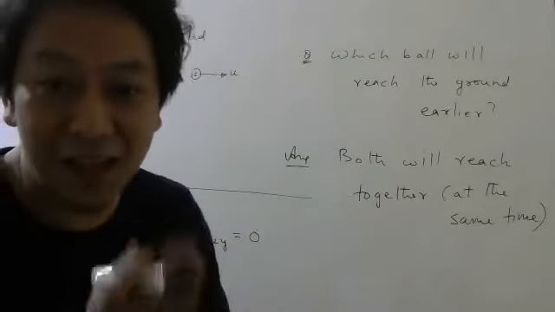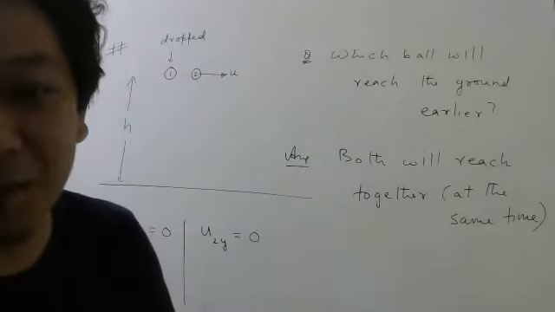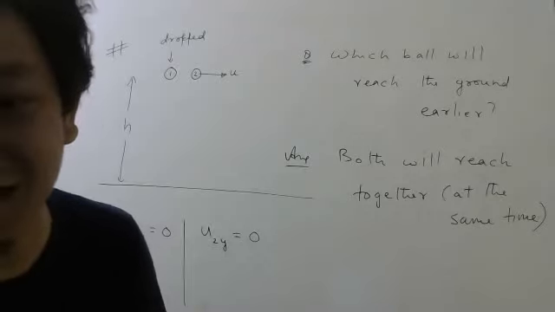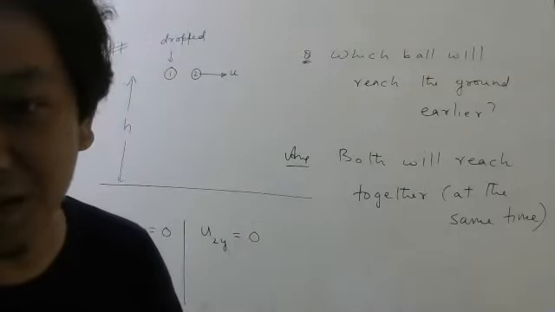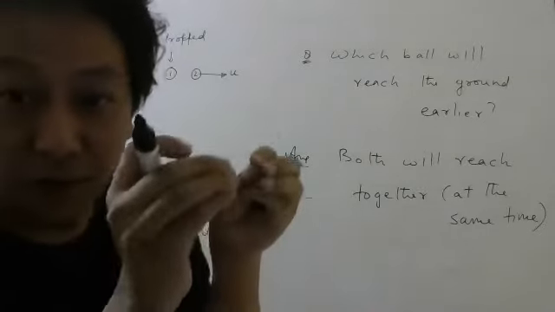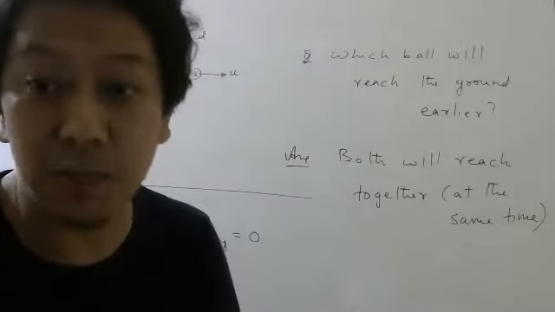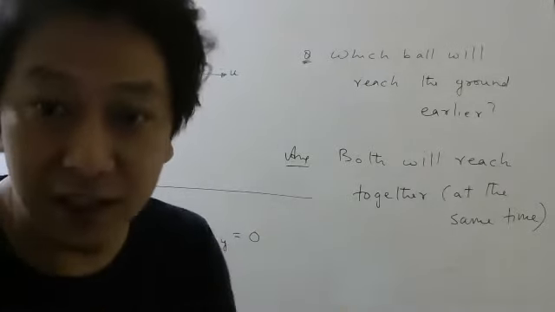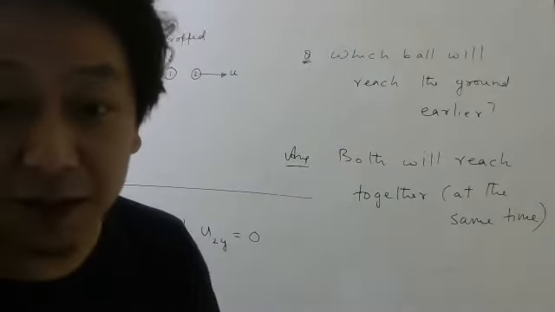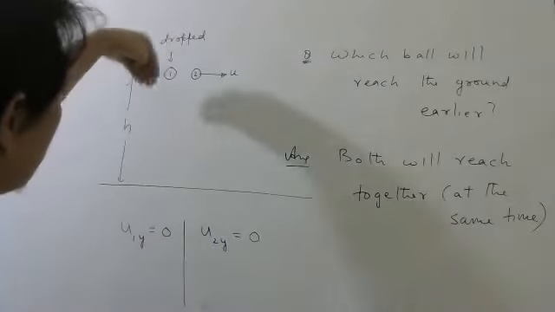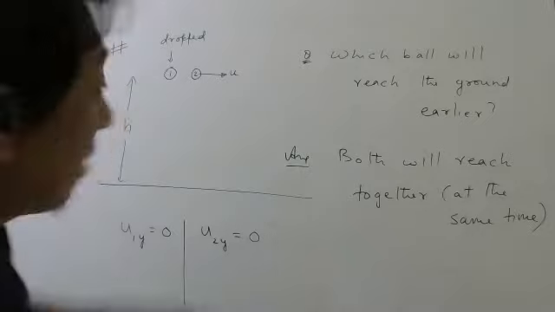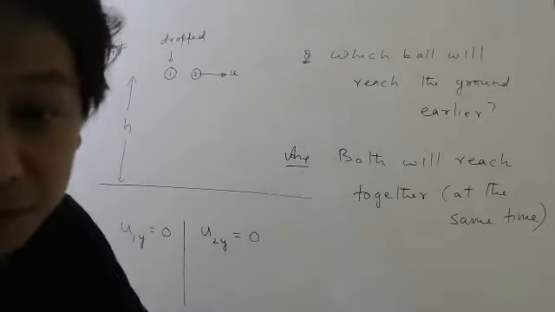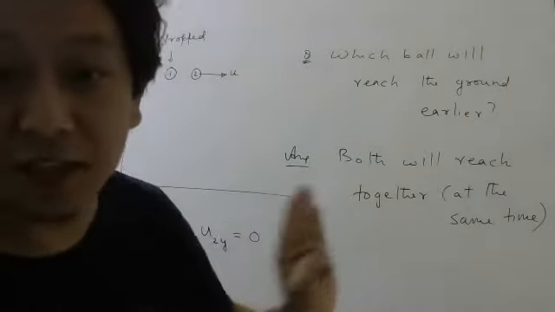Understood? Since they have the same y component of initial velocity, and time taken depends only on that, both will reach together. Of course, once you drop, gravity will increase the speed, but the way the y component of velocity increases here will be exactly the same as in this case.